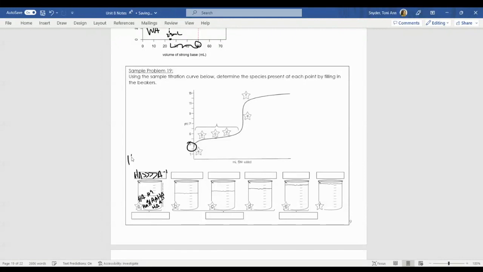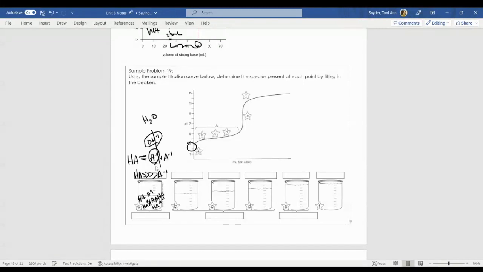Here's my equilibrium reaction for a weak acid. So I have HA in equilibrium with hydrogen ions and its conjugate base. If I add hydroxide, so if I add my strong base to this weak acid, right, what's going to happen? Think Le Chatelier's principle. Those hydroxides are going to take away these hydrogen ions to make water.